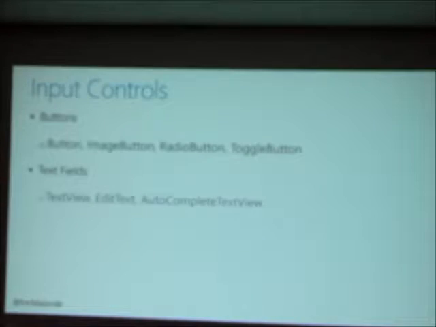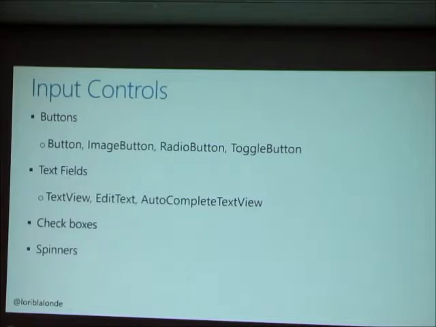Just like when you're designing web apps, Windows Forms, WPF, or other mobile apps, there are always the standard input controls. Android's no different. You have buttons, text fields, checkboxes, spinner controls, date pickers, time pickers, those kinds of things. All these things can be found on the developer documentation site. I'm not going to go through every single one extensively.